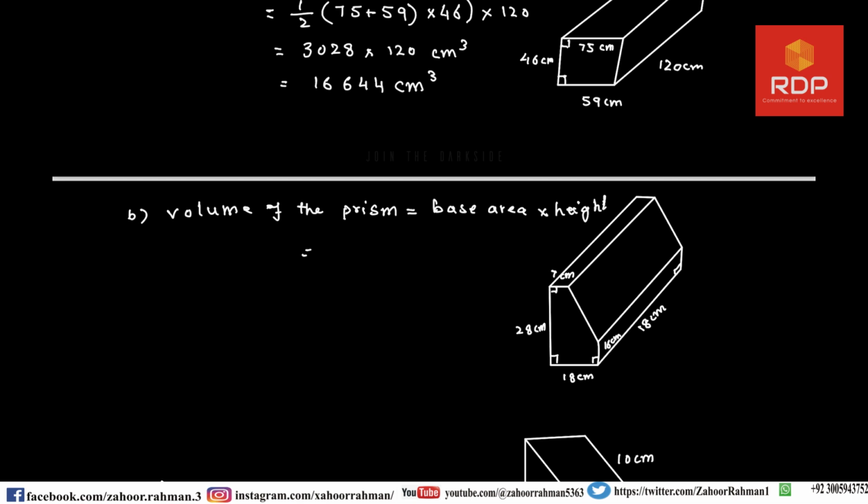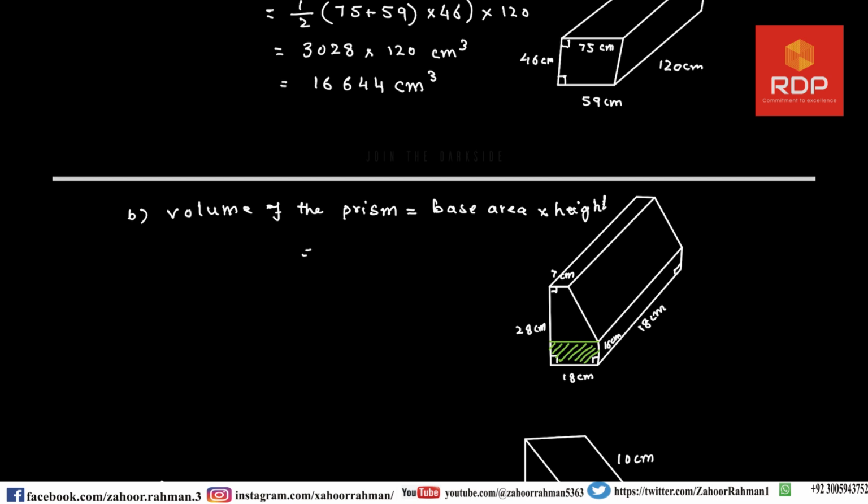If we take this as the base area, we divide it into two parts. One is the rectangle and the second one is a shape in which there are two parallel sides and two non-parallel sides. So whatever way suits you, you can do that.